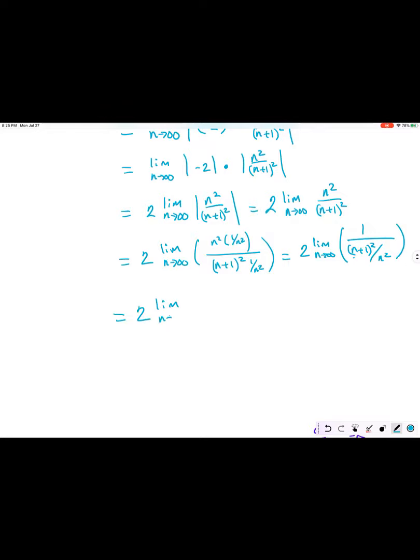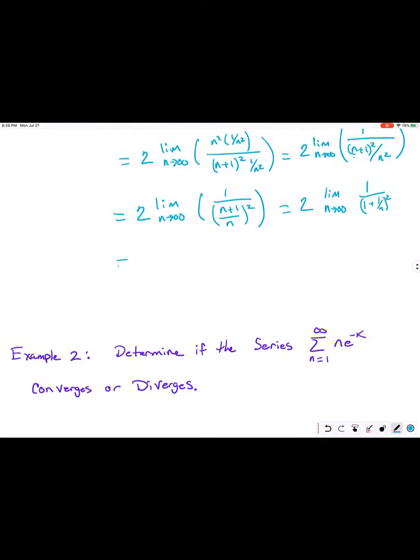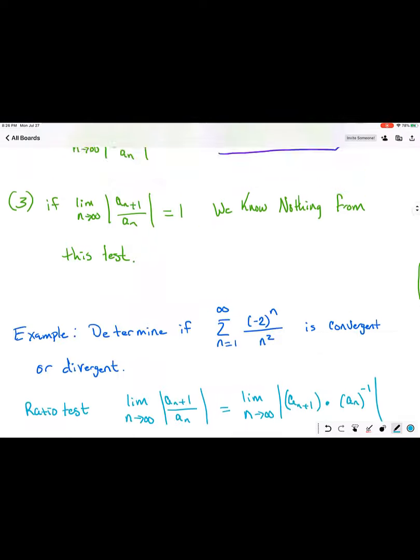And that is 2 times the limit as n approaches infinity of 1 over n plus 1 over n, that quantity squared, which is 2 times the limit as n approaches infinity of 1 over 1 plus 1 over n, that whole thing squared. And when I apply that limit, I get 2 times 1, which is equal, of course, to 2. And 2 is bigger than 1.